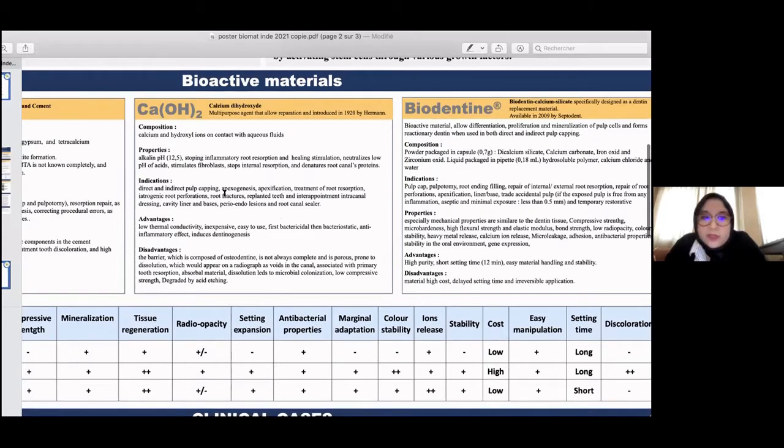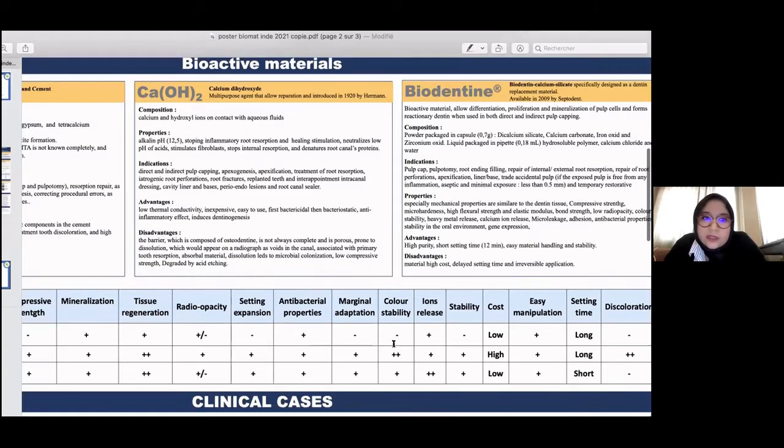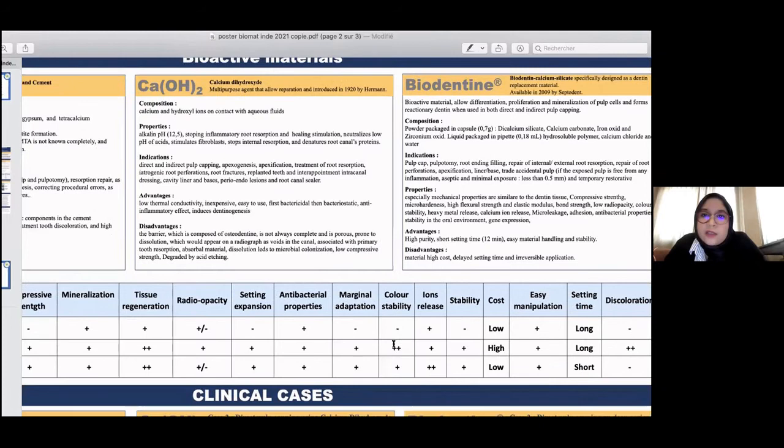Its properties are alkaline pH, stopping inflammatory root resorption, and healing stimulation. It neutralizes the low pH of acids, stimulates fibroblasts, stops internal resorption, and denatures root canal proteins. Its indications are direct and indirect pulp capping, apexogenesis, apexification. The same indications as MTA.